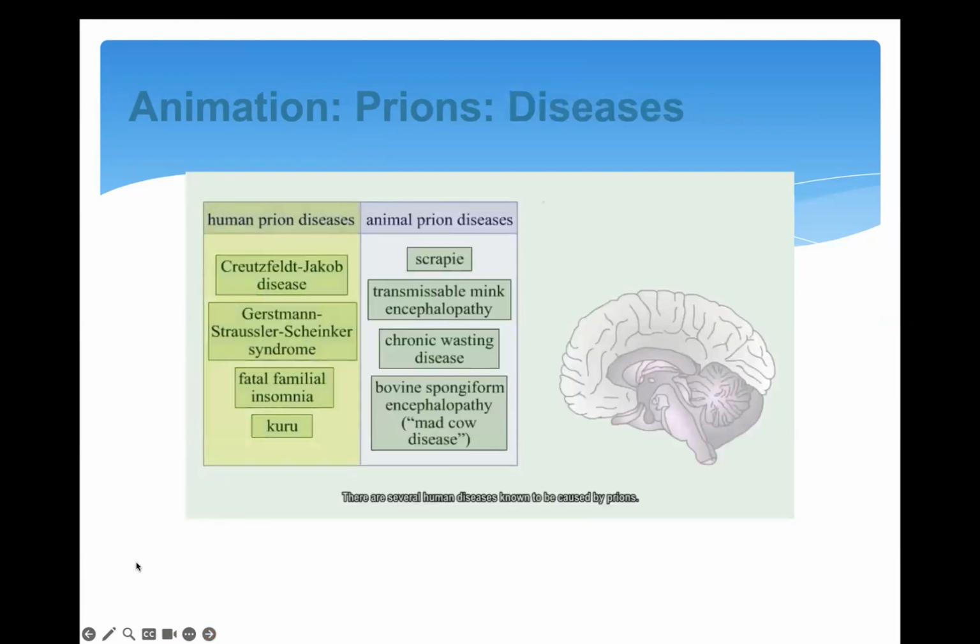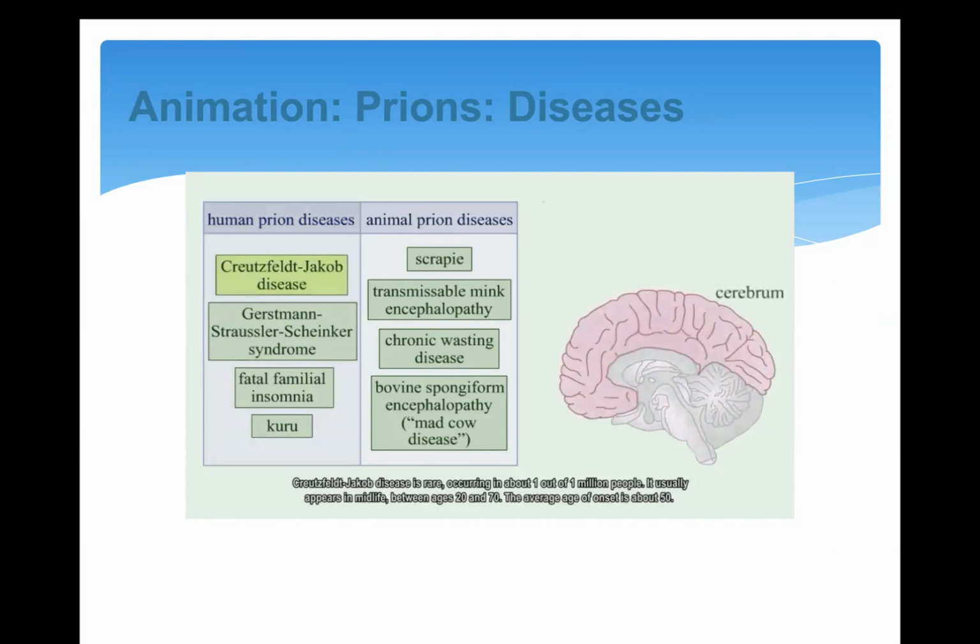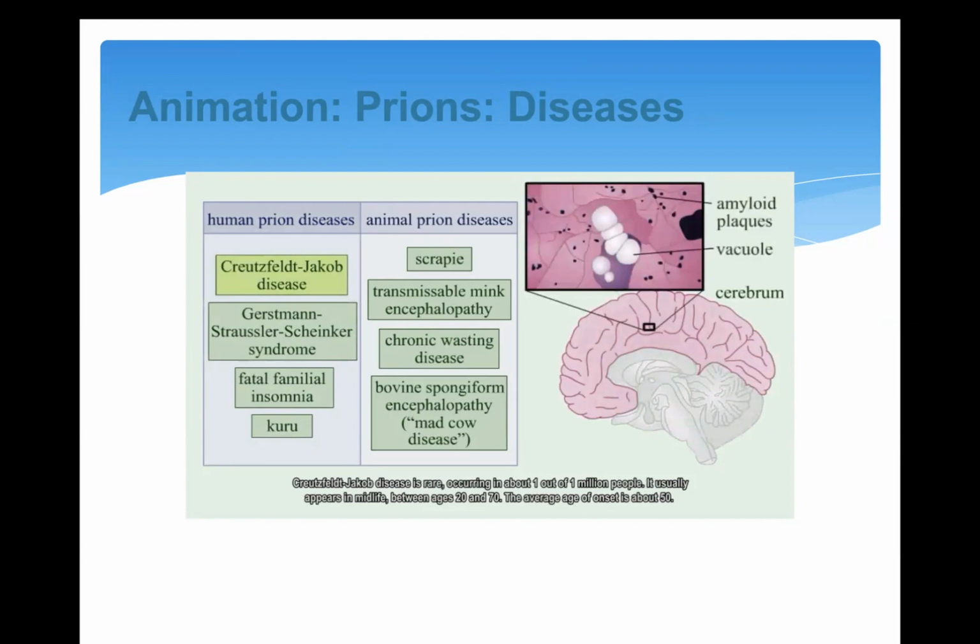There are several human diseases known to be caused by prions. Creutzfeldt-Jakob disease is rare, occurring in about 1 out of 1 million people. It usually appears in midlife between ages 20 and 70. The average age of onset is about 50. Recently, a form of the disease called variant CJD, vCJD, has emerged. It was first detected in the United Kingdom in people who had eaten beef from cattle infected with bovine spongiform encephalopathy, so-called mad cow disease.